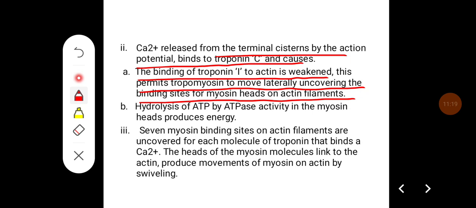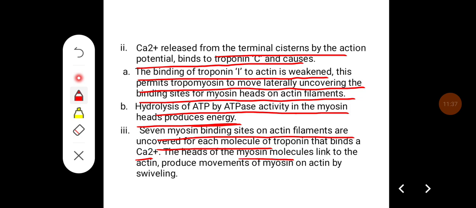Then there will be hydrolysis of ATP by ATPase active in the myosin heads, which produces energy. Seven myosin binding sites on actin filaments are uncovered for each molecule of troponin that binds a calcium. The heads of myosin molecules linked to the actin produce movements of myosin on the actin by swiveling.